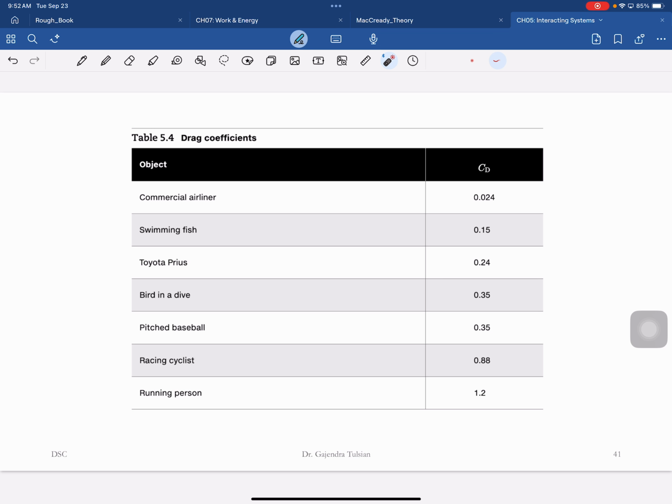Is it linear? So the drag coefficient of an airliner, is that at altitude? Yes, I would imagine so. It's because the air is less dense and stuff. Well, I guess it's just that much more aerodynamic.